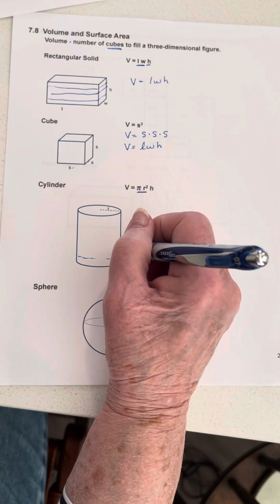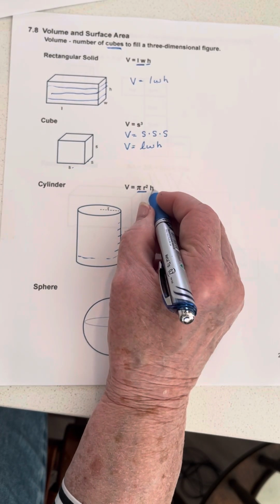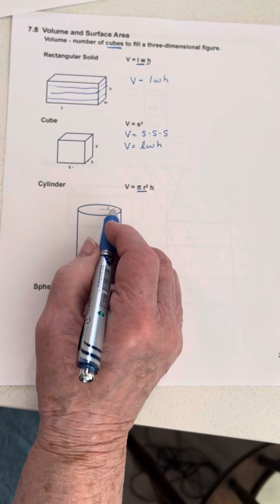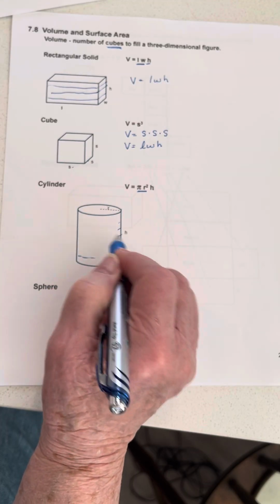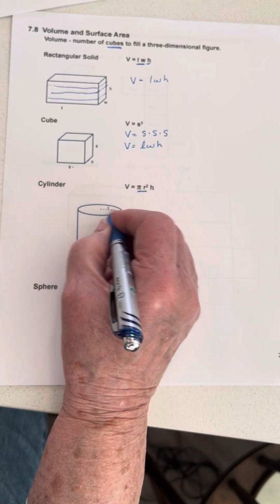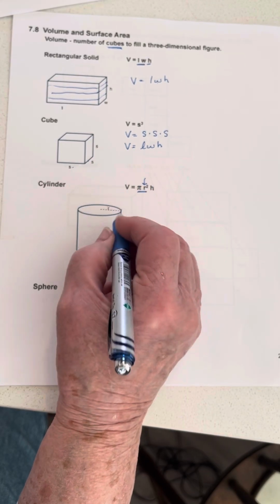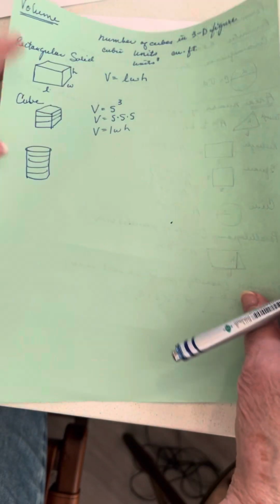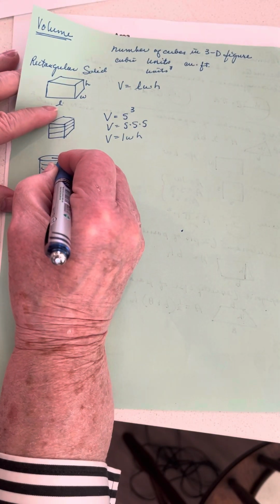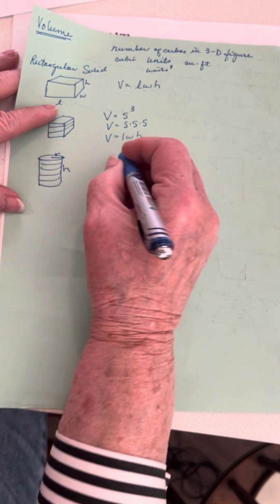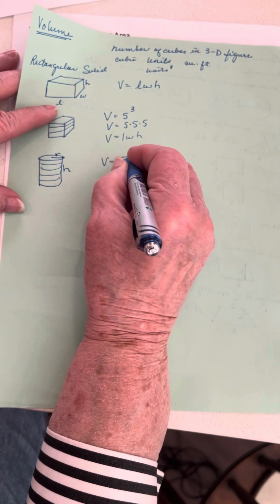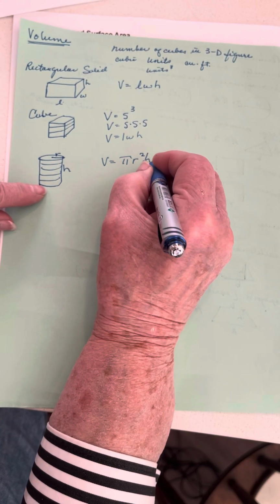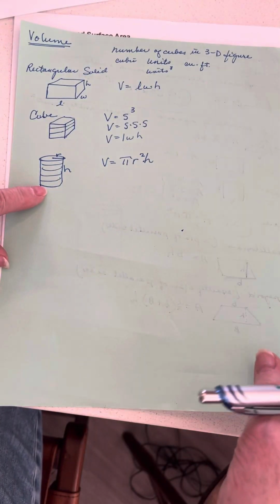And then we'll multiply it by the number of layers that we have, which we call the height. So we have the height, and then we have this circular area that we're layering on top of each other. And we are going to use the radius, which is from the center to the outside. Okay, so this is the radius, and then we have the height. So the volume is equal to pi r squared, that's one layer, times the height, which is the number of layers that we have.